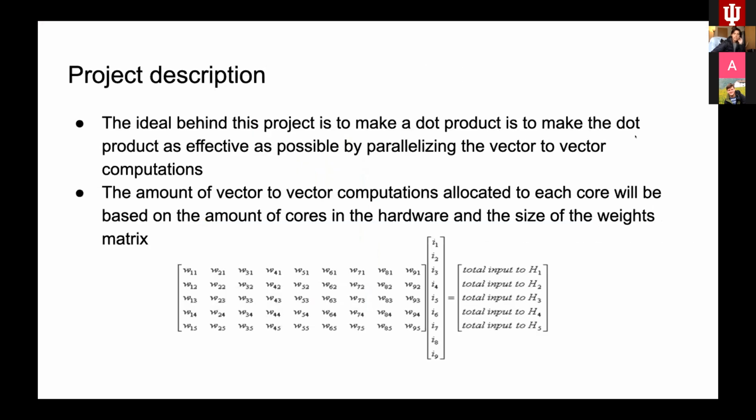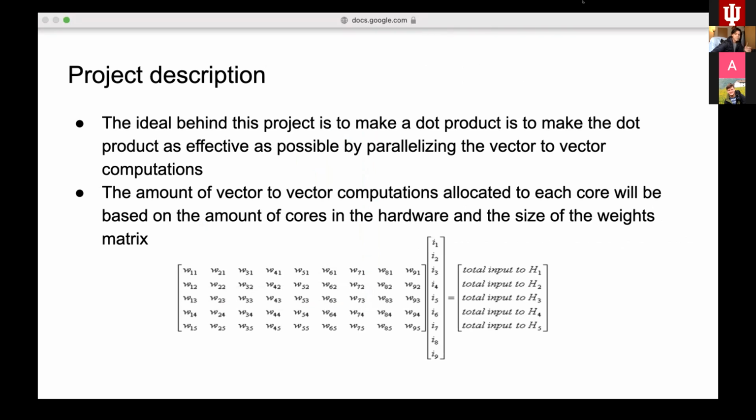So the motivation for this project is that matrix multiplications are used pretty much everywhere in computing, whether it comes to image processing or anything like that. And usually it takes up time because the matrices are pretty big depending on what the vector and the matrix weights are.